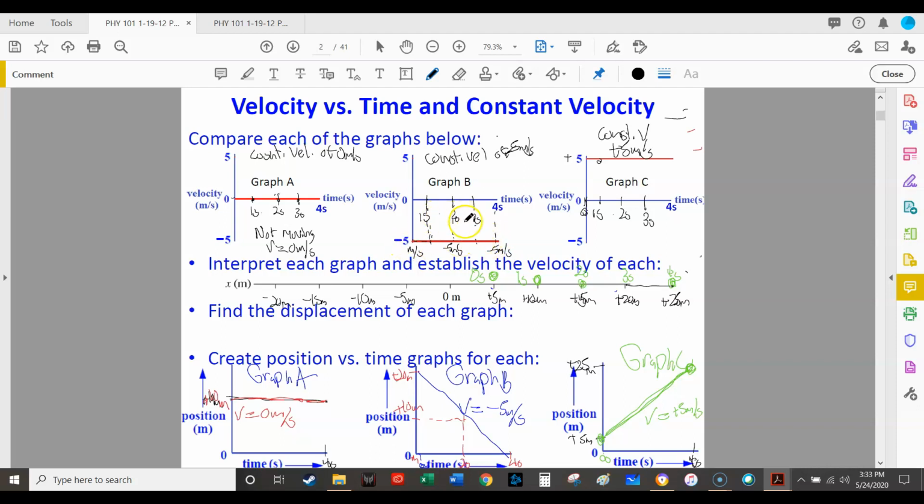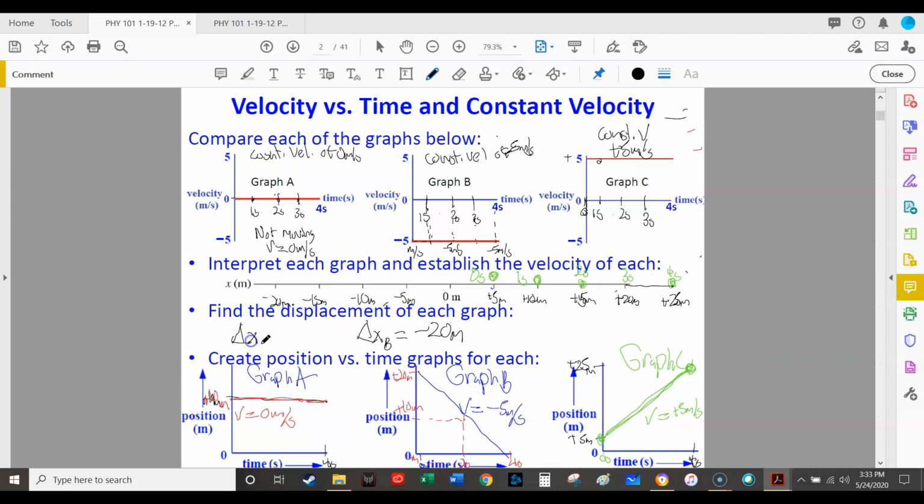So overall, that looks like graph B, its x direction displacement of graph B, its total displacement was -5 plus -5 plus -5 plus -5. That would be a total displacement of -20.